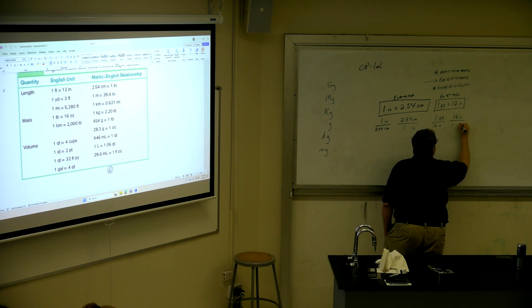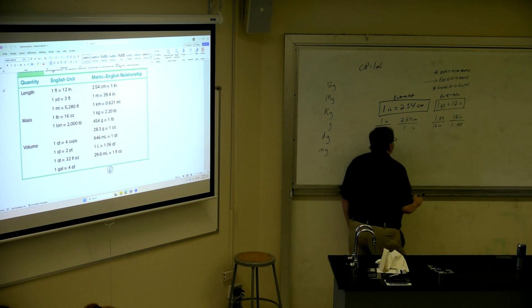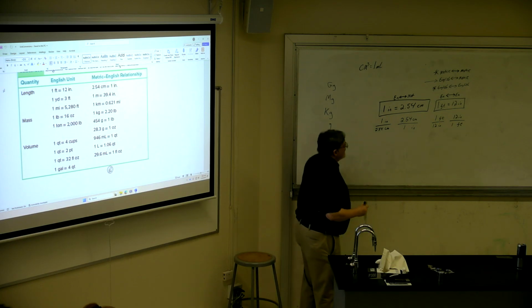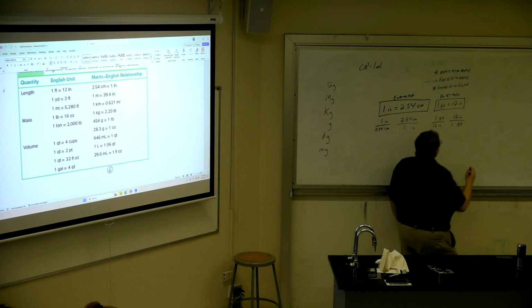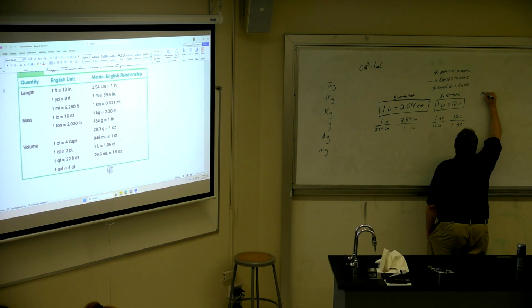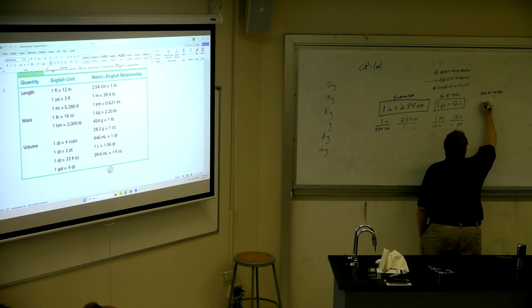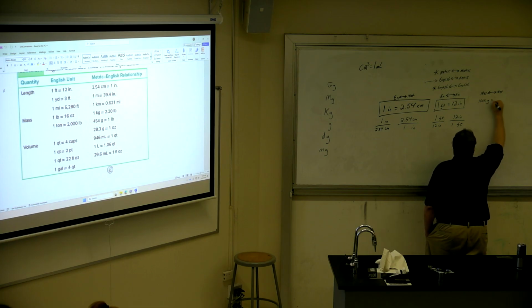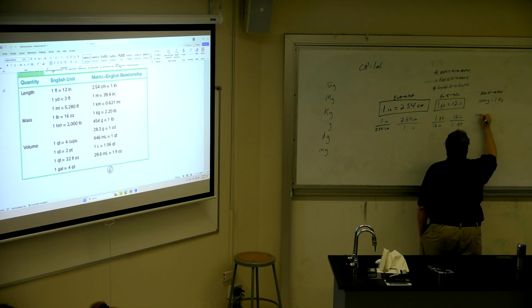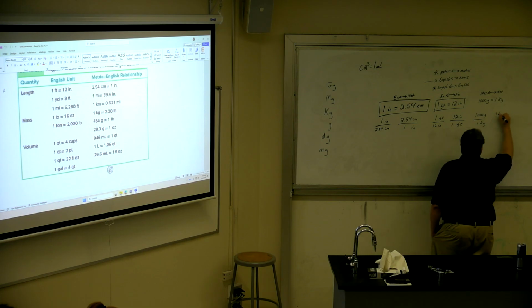So there's my example from English to English. And like I said, you're going to use it like that, or you might use it like that. And I guess I should throw in a metric to metric. Metric. And what did we just do? 1,000 grams equals 1 kilogram.